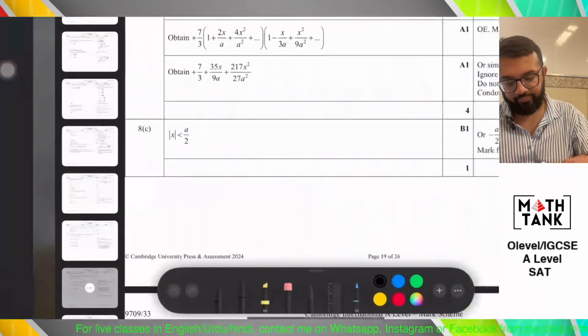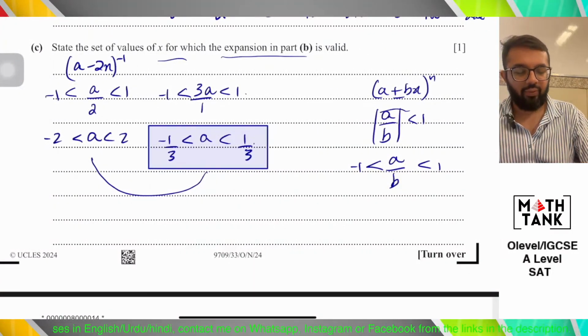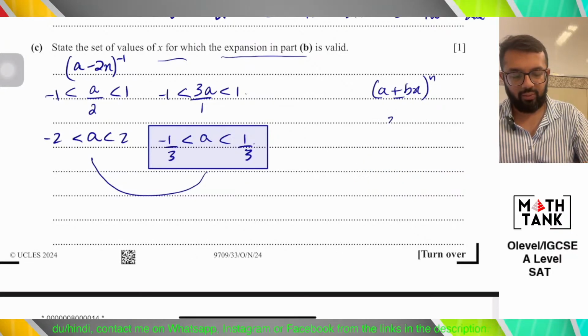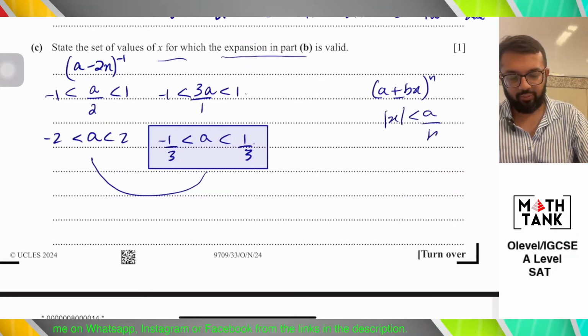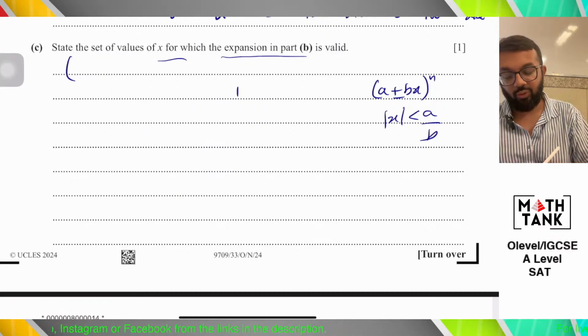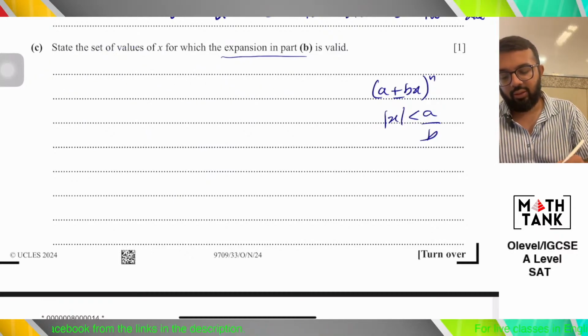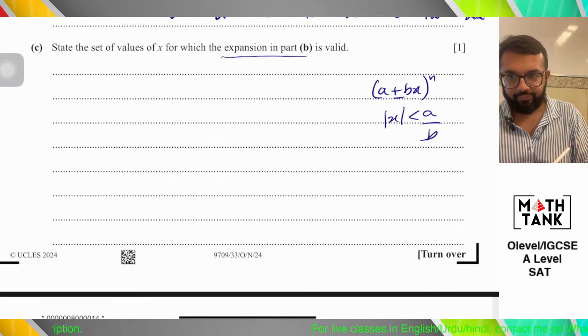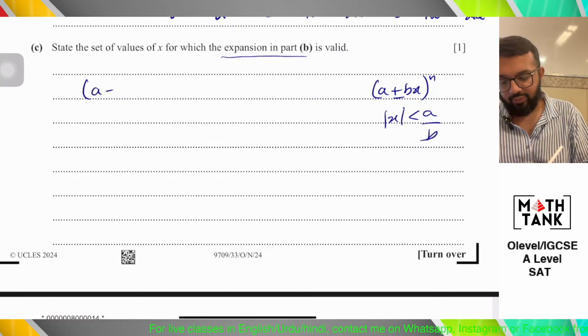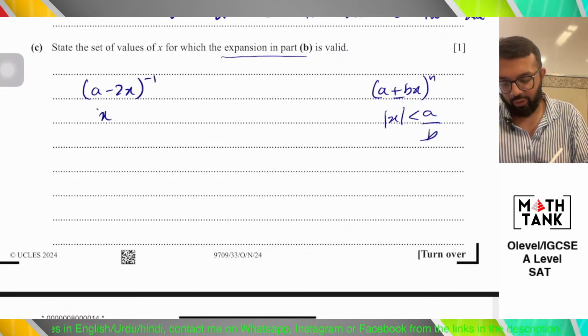No. Oh, I've written this the wrong way. Wait. Modulus of x is less than a over b. I explained the entire question wrong. Sorry. Let's do this again. So that's the range of values. For the first expansion, a minus 2x power minus 1, modulus of x is less than a over 2.